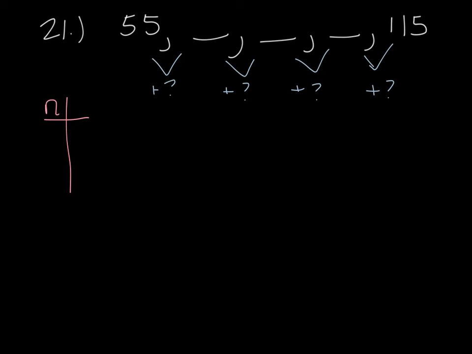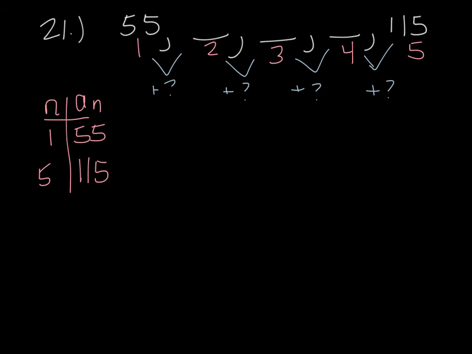So n, when n is 1, the first term of the sequence, a sub n, a sub 1 is 55. Then I have a second term that I don't know, a third term I don't know, a fourth term I don't know, and a fifth term I don't know. My fifth term, a sub 5, is 115.